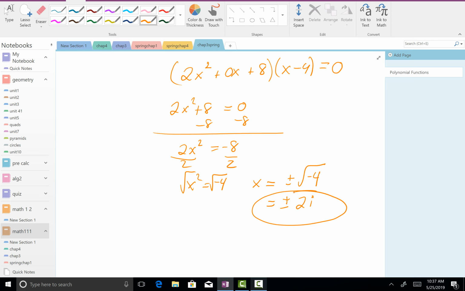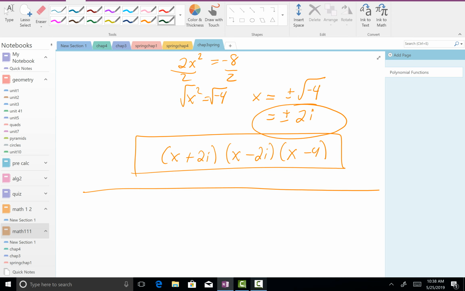Okay, let's try another one here. Three x cubed. Where'd it go? Oh, I don't want that one.